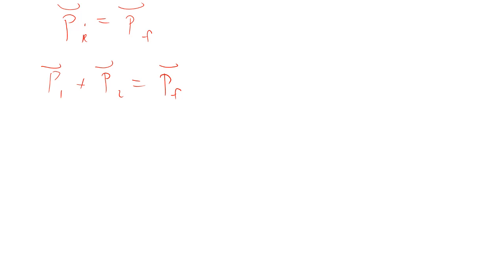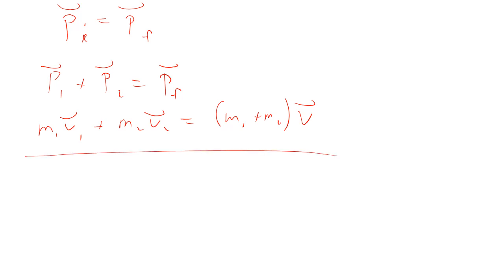P1 is going to be M1V1, and P2 is going to be M2V2. And the final is going to be M1 plus M2, because they're stuck together, times the final velocity. So we've got to figure out P1 and P2.